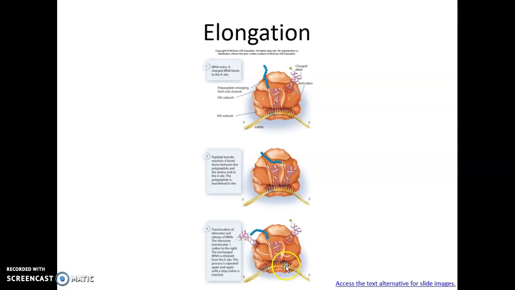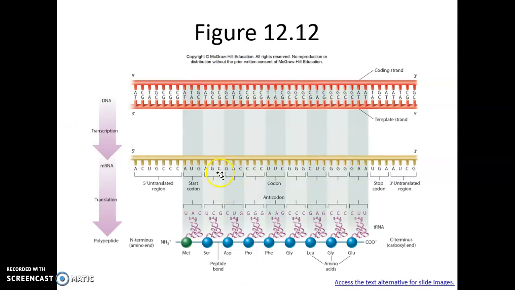So elongation is just moving through. And I'd like to bring you back up to what we looked at earlier. Elongation is just moving through, read this codon, then read that codon, bring in the appropriate amino acids.